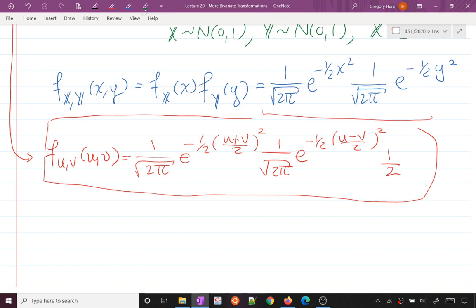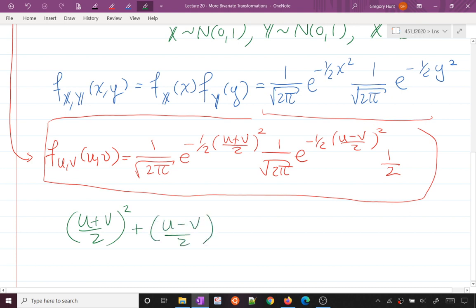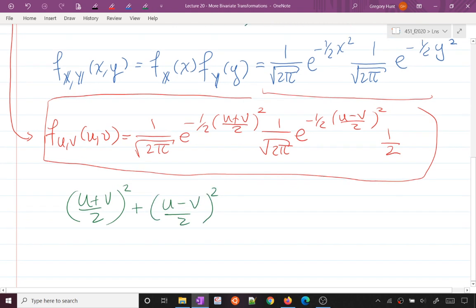So first of all, let's consider ((u plus v) over 2) squared plus ((u minus v) over 2) squared. If we square this out, (u plus v) over 2 squared is 1/4 times u squared plus 2uv plus v squared.